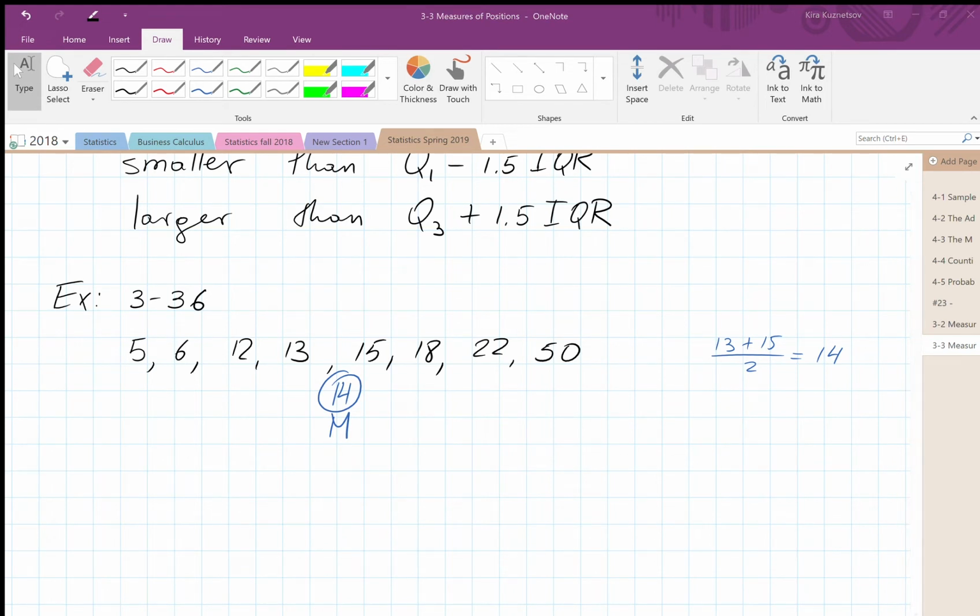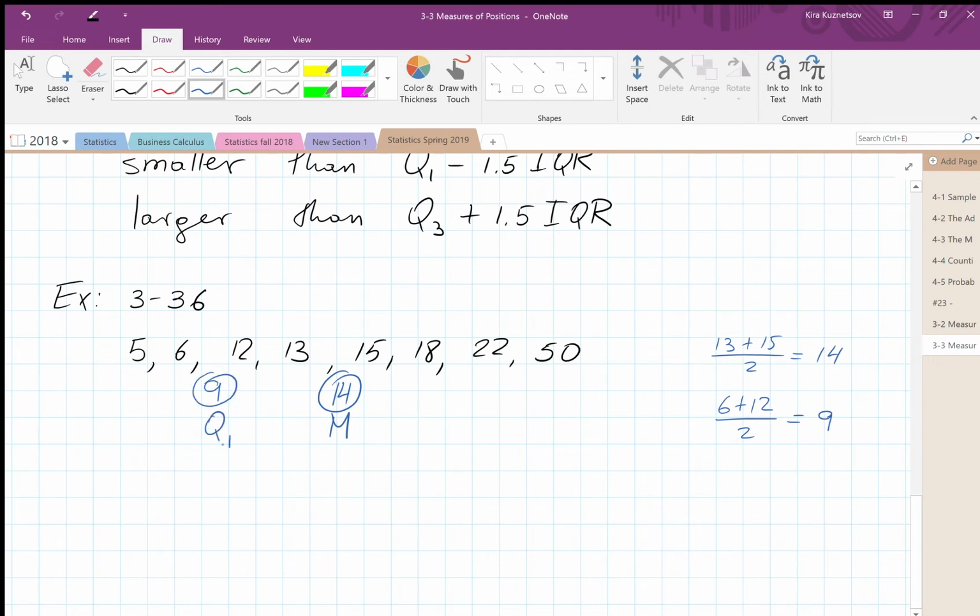Now that leaves 4 numbers on the left, 4 numbers on the right. So I take the 4 numbers that are on the left, I find the middle. That's exactly right here. So in order for me to find the median of these 4 numbers, it's between 6 and 12. So I take the 6 plus 12 divided by 2, I end up with a 9. So there is my 9.